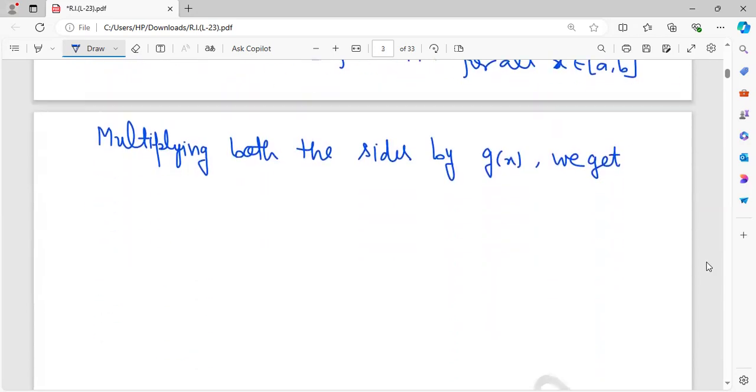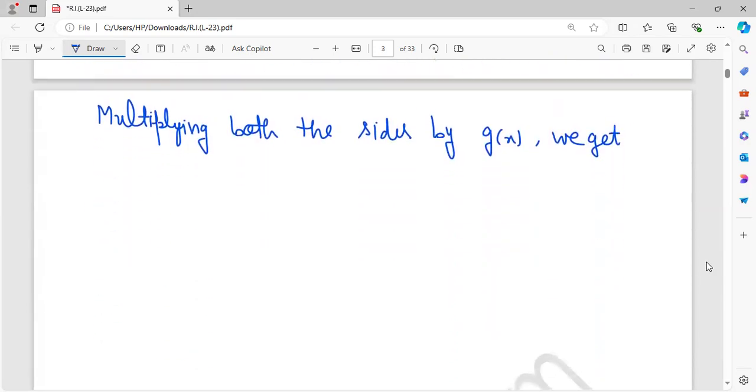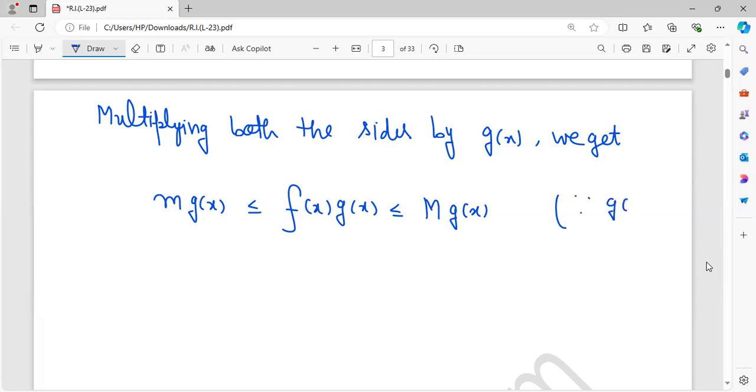Because g(x) is greater than or equal to 0, the inequality will remain as it is. It will not change, because g(x) is non-negative. That is why g(x) is taken either greater than or equal to 0 or less than or equal to 0 for all x belonging to [a,b].